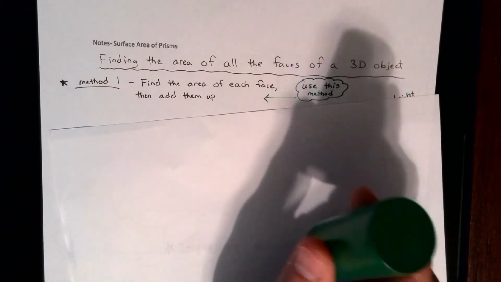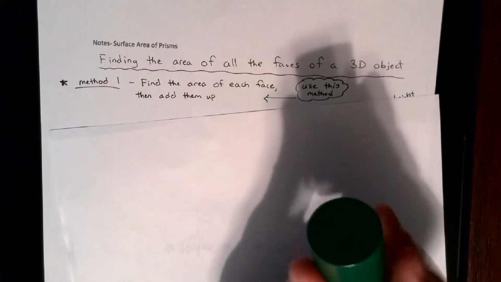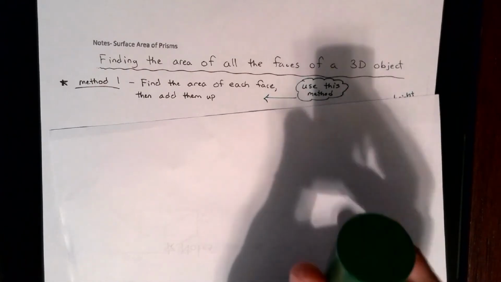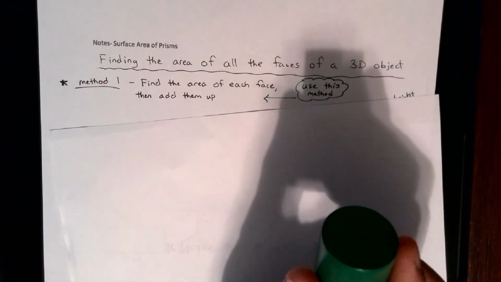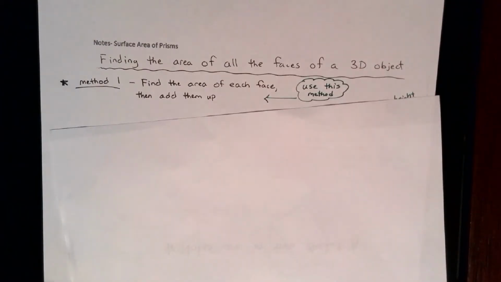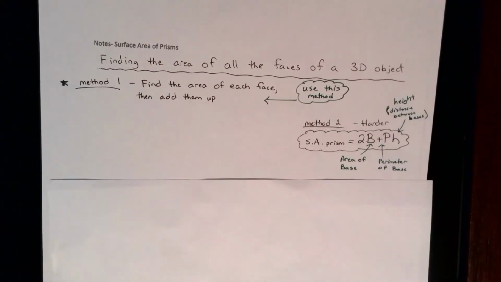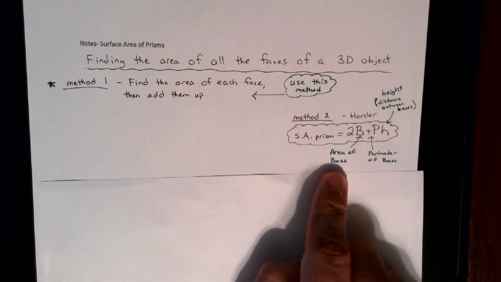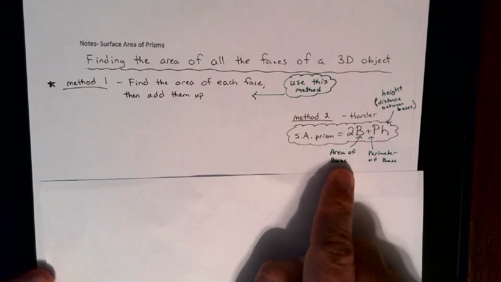So I'll show you tomorrow how we can tackle a problem with the cylinder here, and knowing this second method will help us with that. So I again would not recommend method 2 for today. It's trickier, but showing it to you will help you understand what we do with cylinders tomorrow.